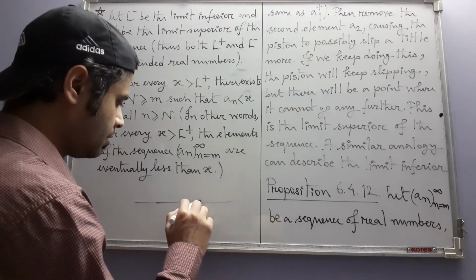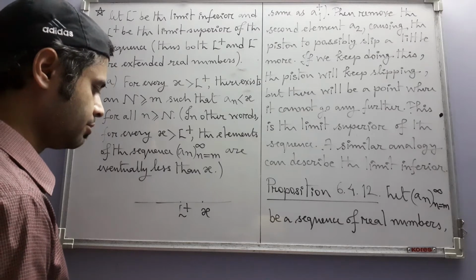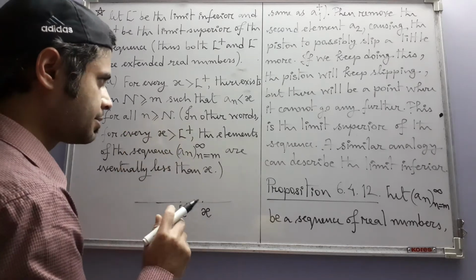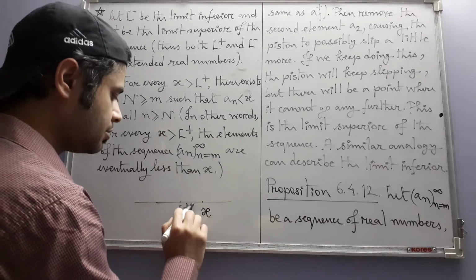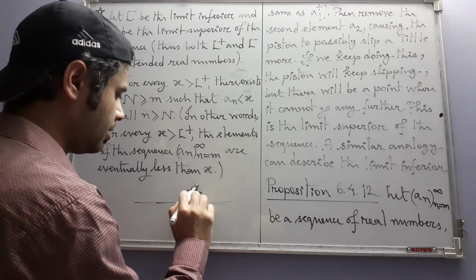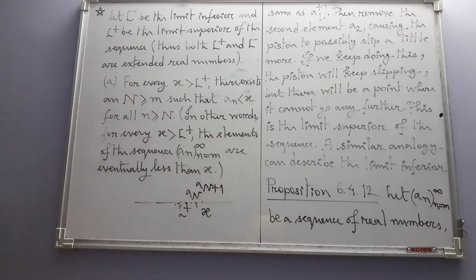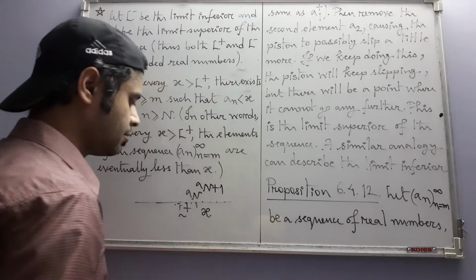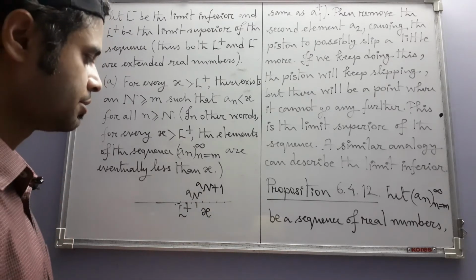Okay, and your x is greater than the limit superior, then you will get a stage in the sequence such that after that stage all the terms, these terms an plus 1 etc., are all going to be less than x, which means that at most finitely many terms are possibly greater than or equal to x. That's what this means.